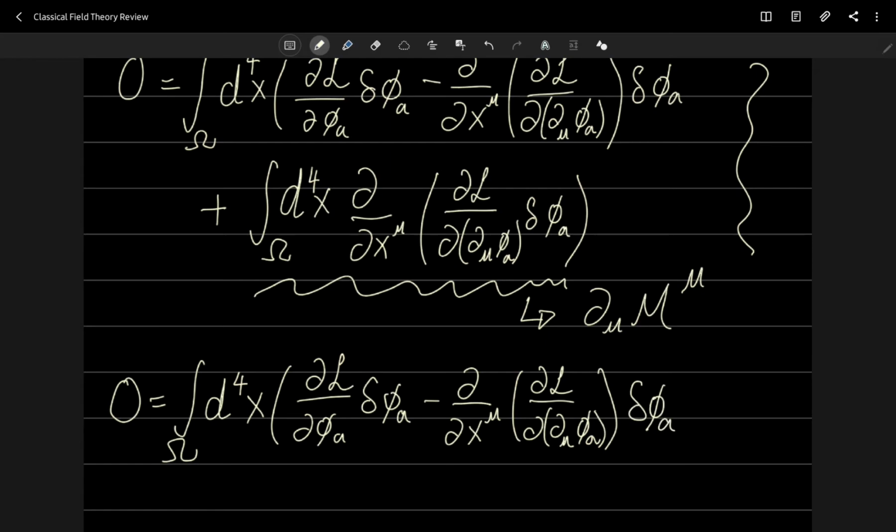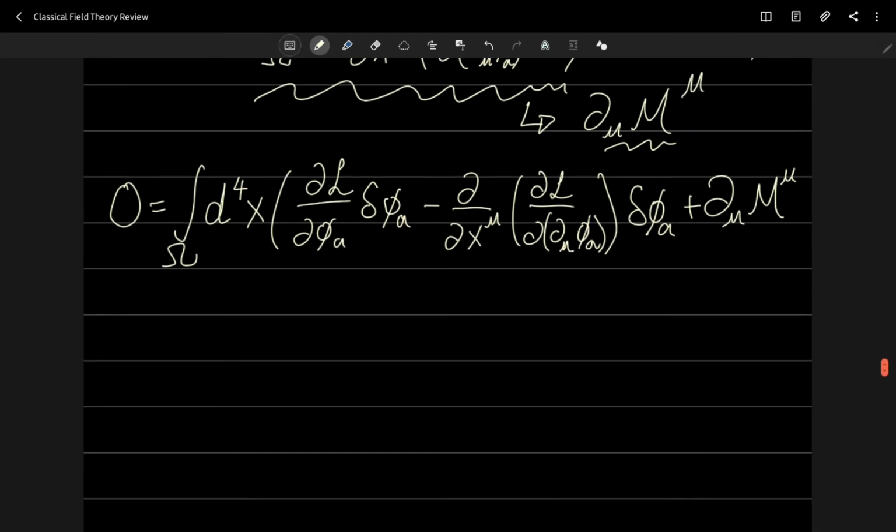Of course this is a review of classical field theory, so you must know what we are getting at from here. This term is known as the surface term, and it has to vanish on the boundary.